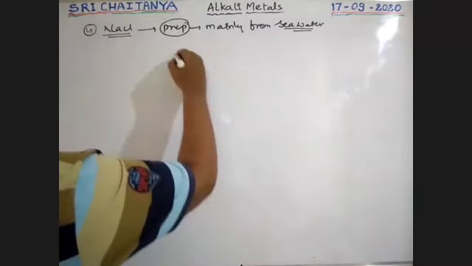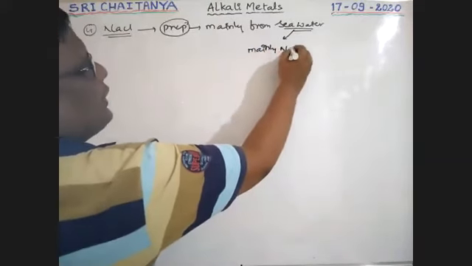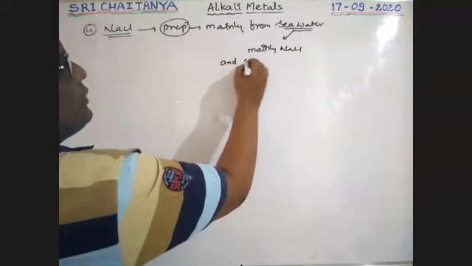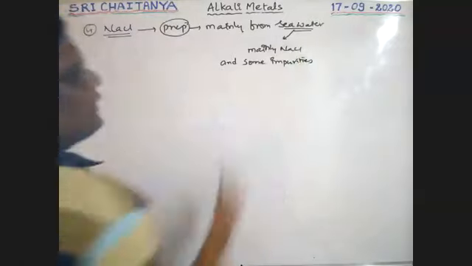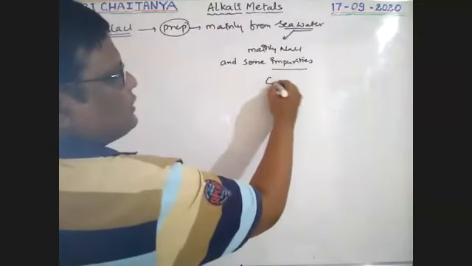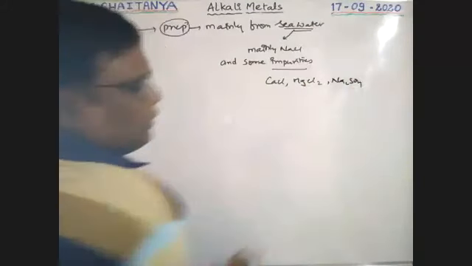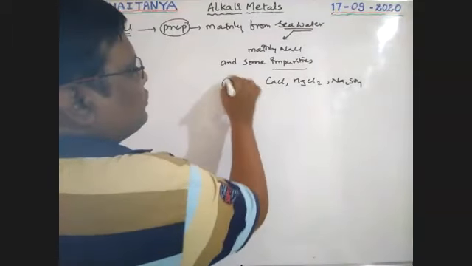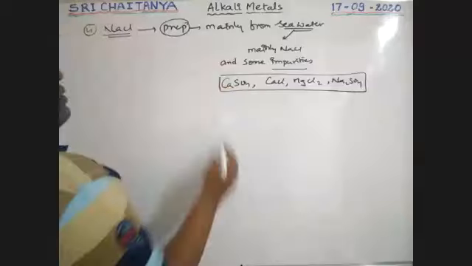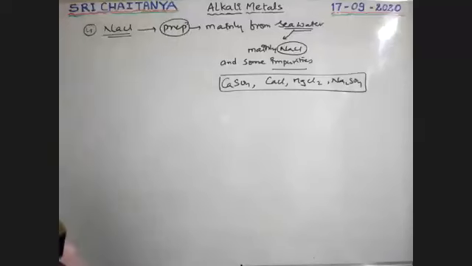Seawater contains mainly NaCl and some impurities. What are those impurities? CaCl2, MgCl2, Na2SO4, and CaSO4. So these are the impurities, boys. These impurities are removed and we collect NaCl. So this is the preparation method: sodium chloride is mainly prepared from seawater.